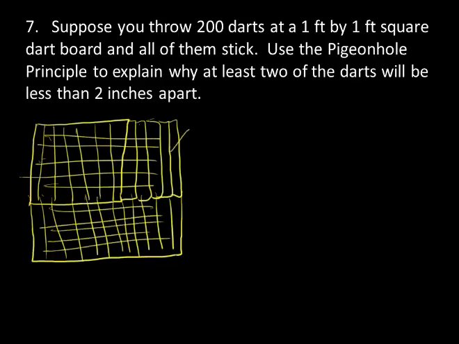So how many square inches do we have? A 1 foot by 1 foot board is a 12-inch by 12-inch board. And so that means that there are 144 square inches. So we're throwing 200 darts at 144 square inches.